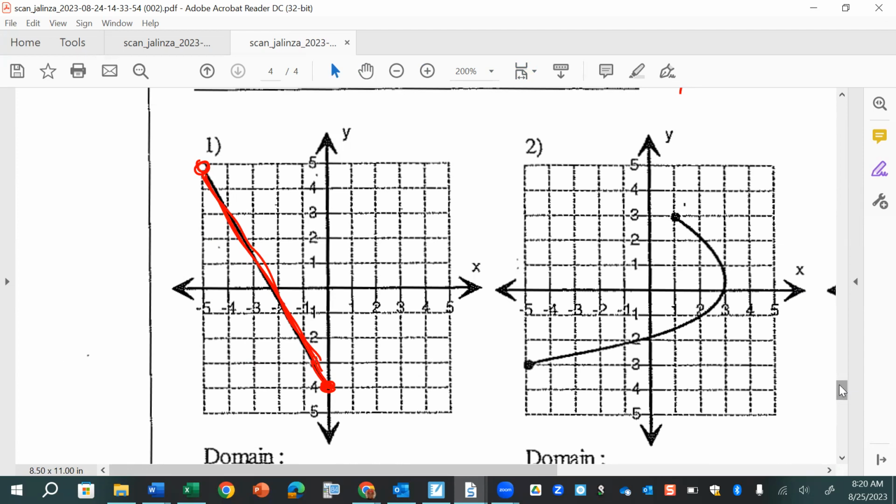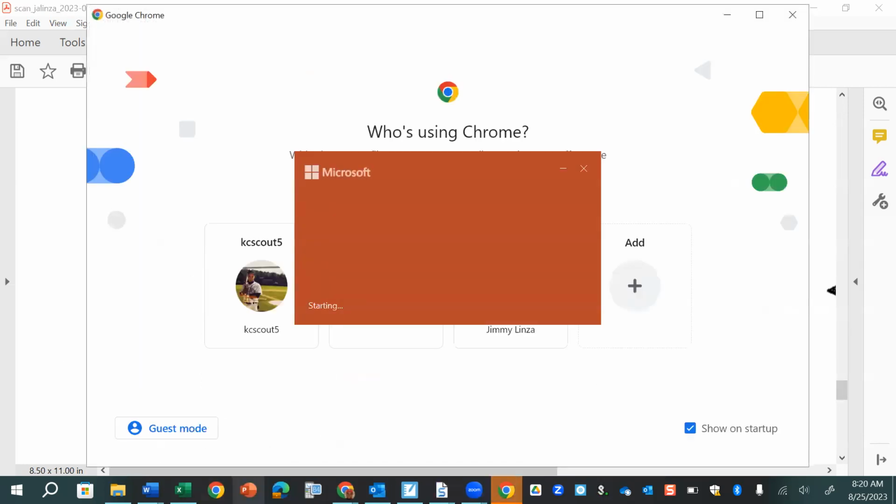All right. Now for domain, I teach my youngins to run their pencil through the x-axis. You tell me, bang, is it touching the red graph yet? No. When does it start? At -5. Is it touching the red graph at -4? Yeah.